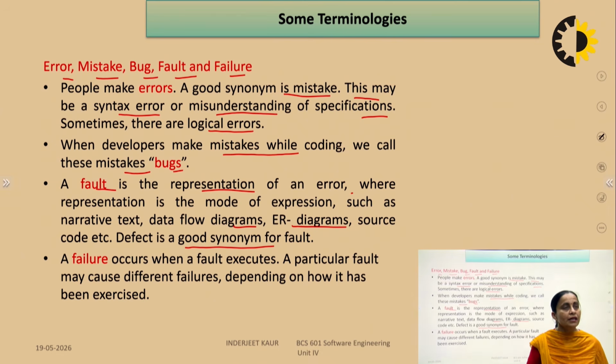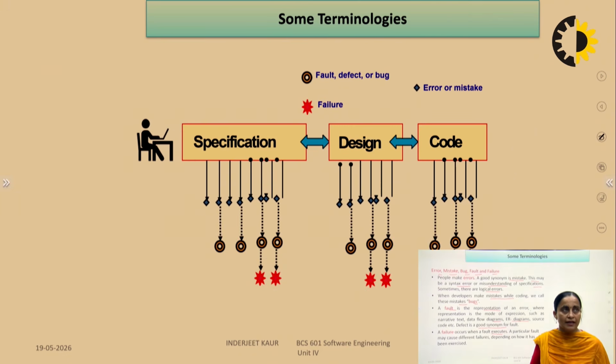Then I will say failure. Failure occurs when a faulty program executes. That means when a fault executes, there will come a failure. A particular fault can give many different failures or a single failure depending upon the type of fault and the way in which it was executed.